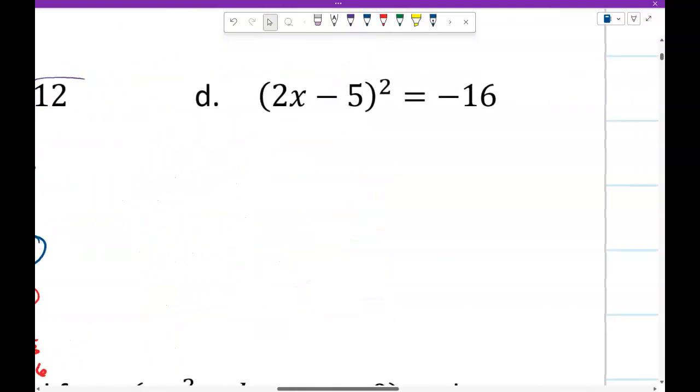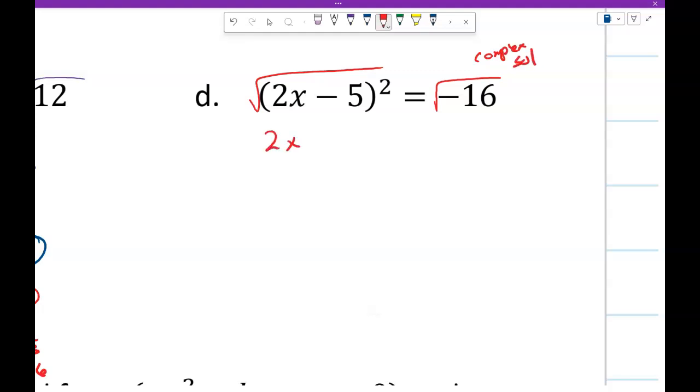Our last example, when we go ahead and square root, we notice that we have a negative. That means we're going to have a complex solution. So we have 2x minus 5 equals the principal and negative root of negative 16, which is 4i. And then we can go ahead and isolate our variable.